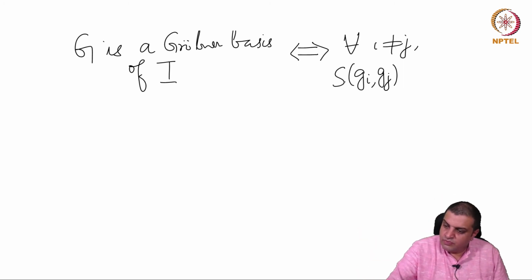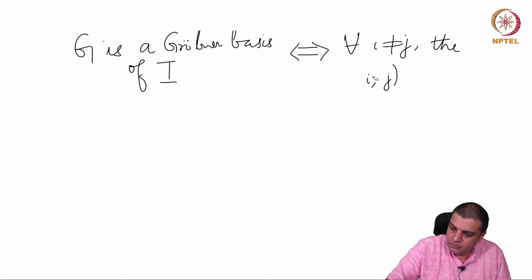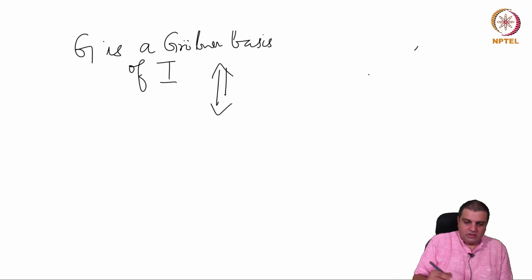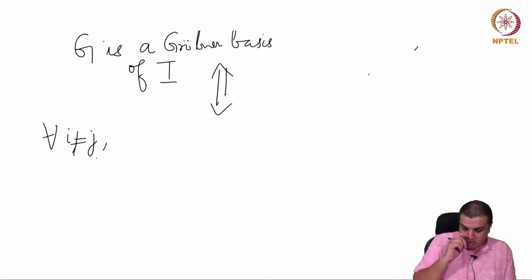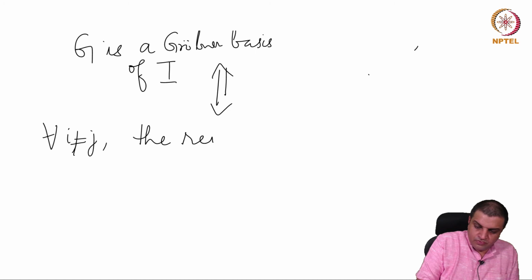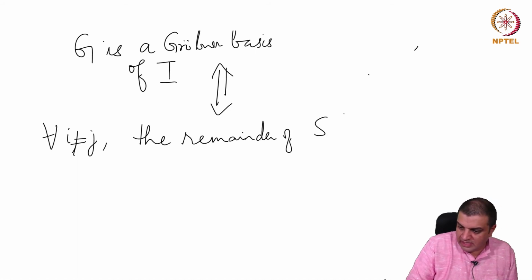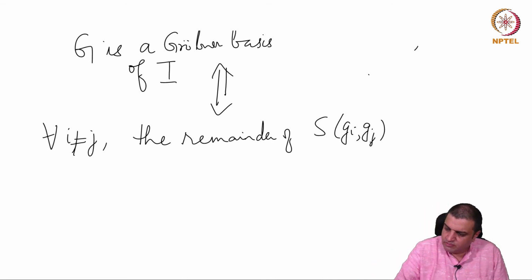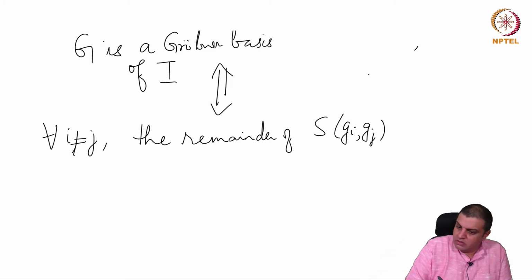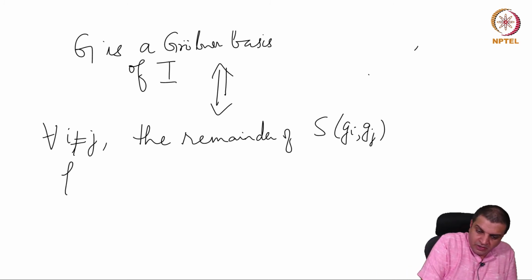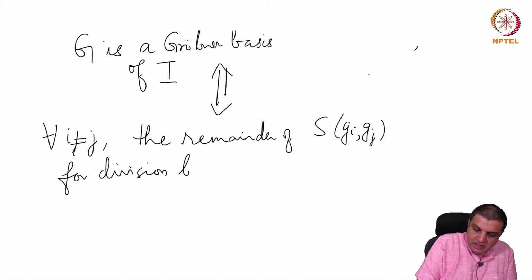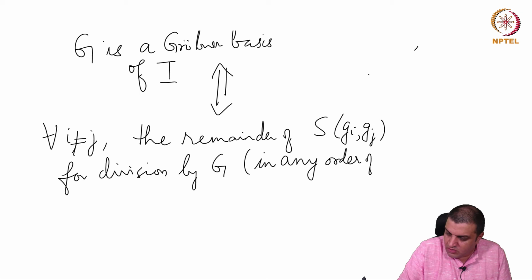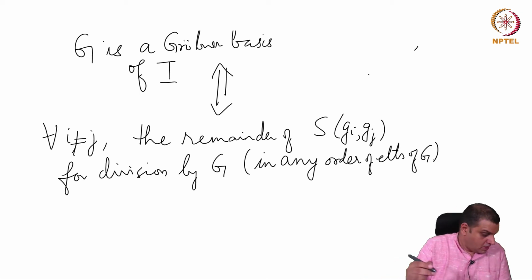So for all i different from j, the remainder of S(Gi, Gj), where we appropriately multiply Gi and Gj and take the difference to cancel the leading term, for division by G in any order of elements of G, is 0.